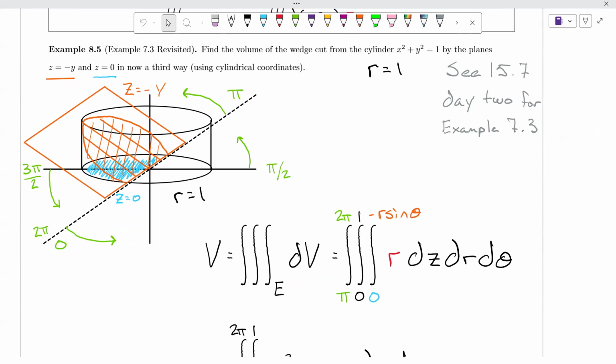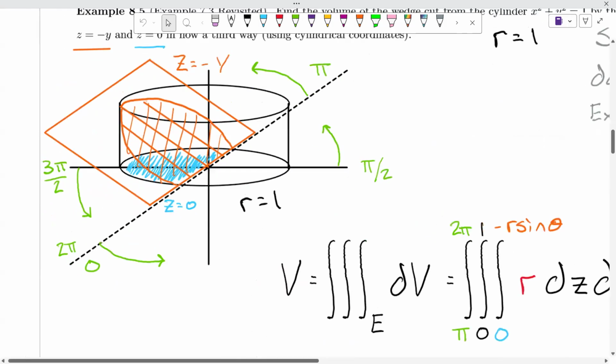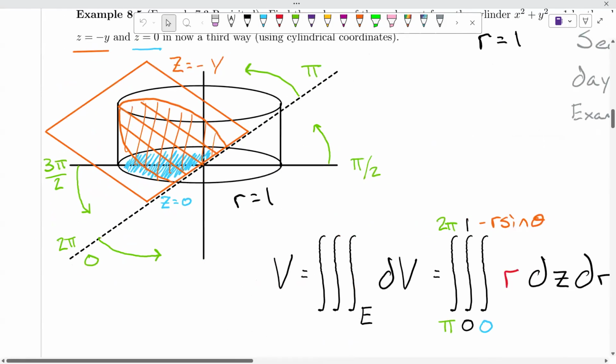And the real fun part is figuring out our bounds on theta. Because you can see in the integral, I've got it listed as pi to 2 pi, which is not exactly standard. But if I think about where all that's coming from, and notice I've labeled the major angles that exist in our r theta plane.